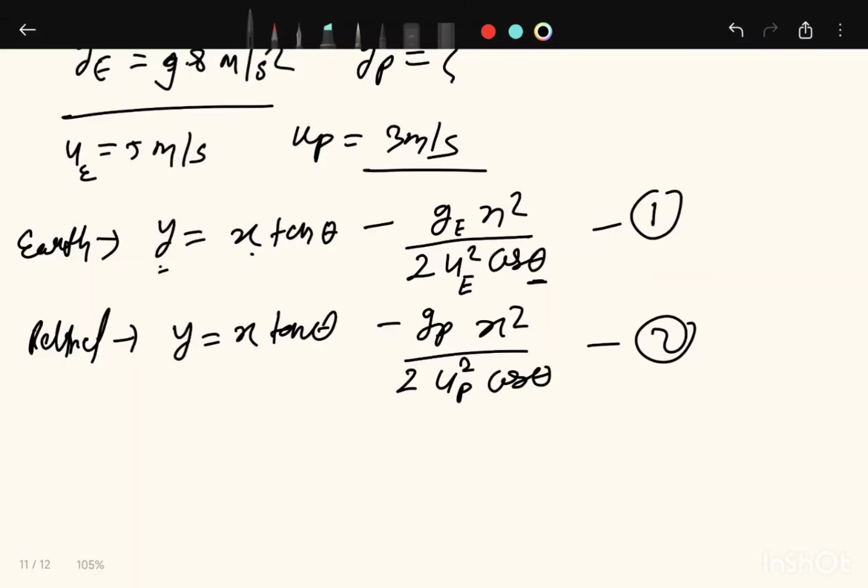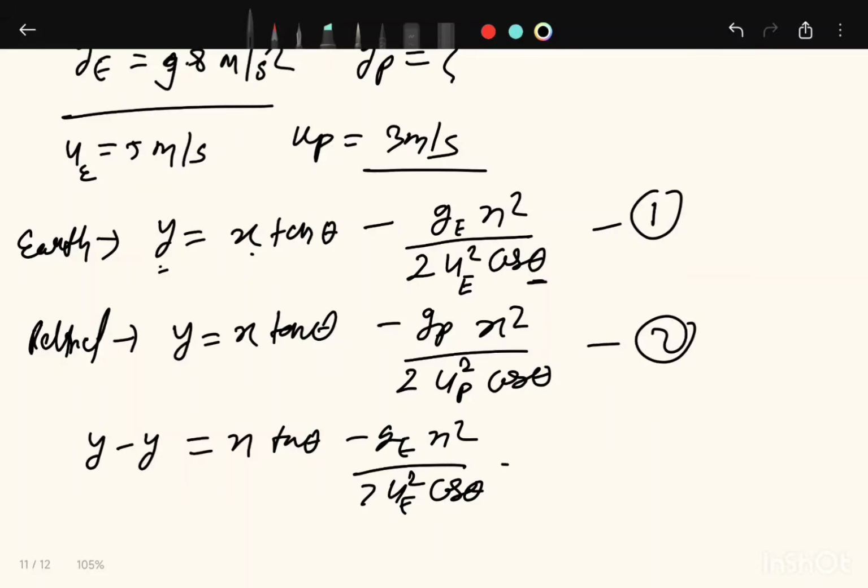So let me do it. If we subtract equation 1 minus 2, it will be x tan theta minus Ge x square upon 2u square cos square theta, minus x tan theta minus minus will be plus, Gp x square upon 2u square p cos square theta, right?